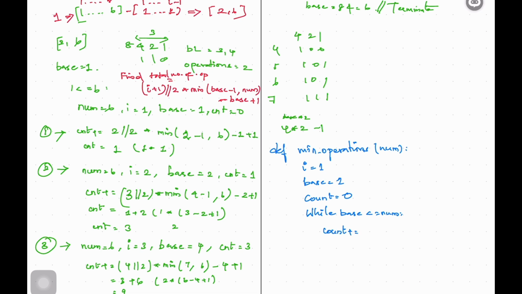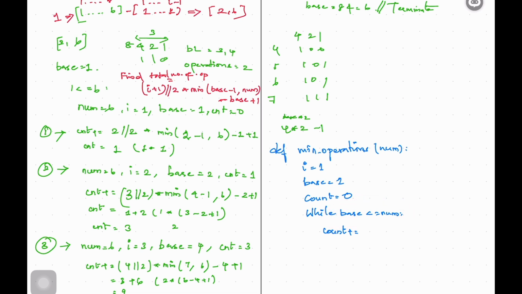How will we count from the given range 2 comma 6? How many numbers exist of binary length 1, how many of binary length 2, how many of binary length 3, like this until base is less than or equal to num.